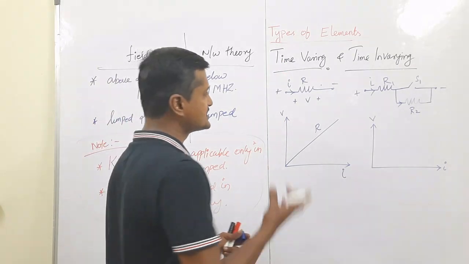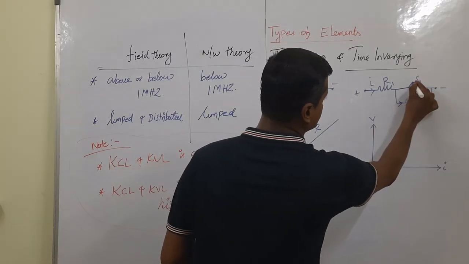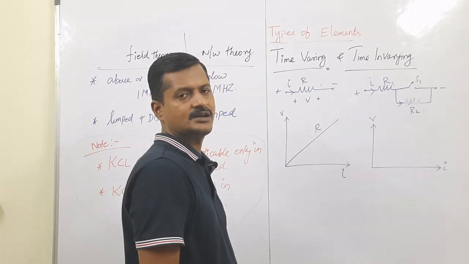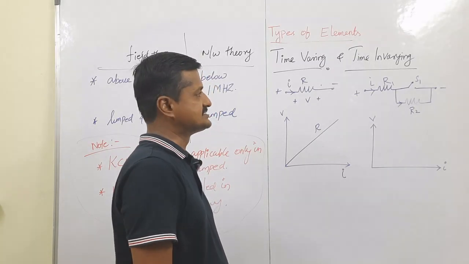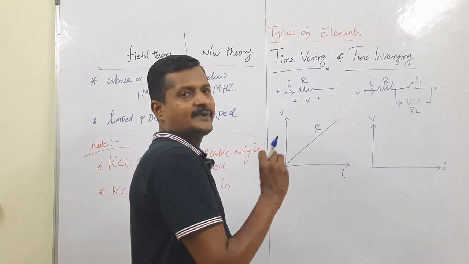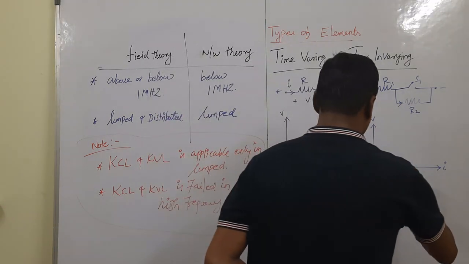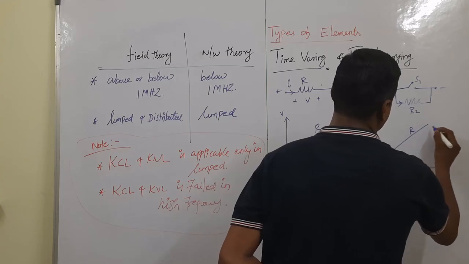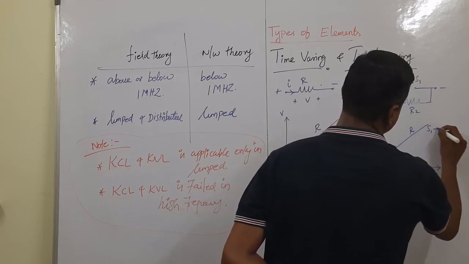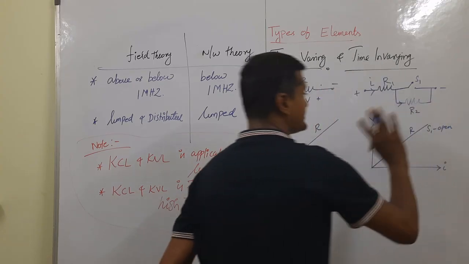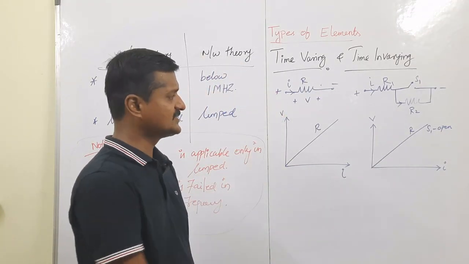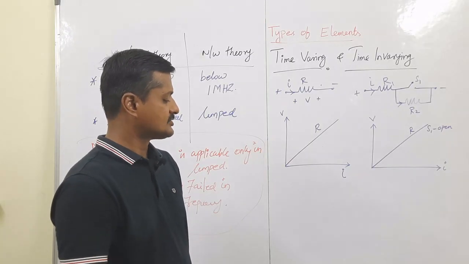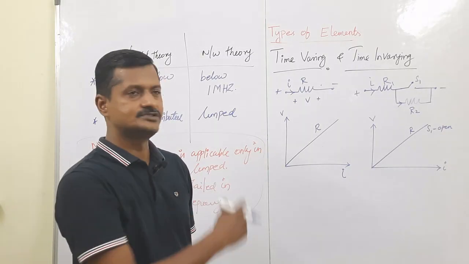In the second circuit we have a resistor and a switch, with one more resistance connected across it. When S is open, the resistance is in the line.